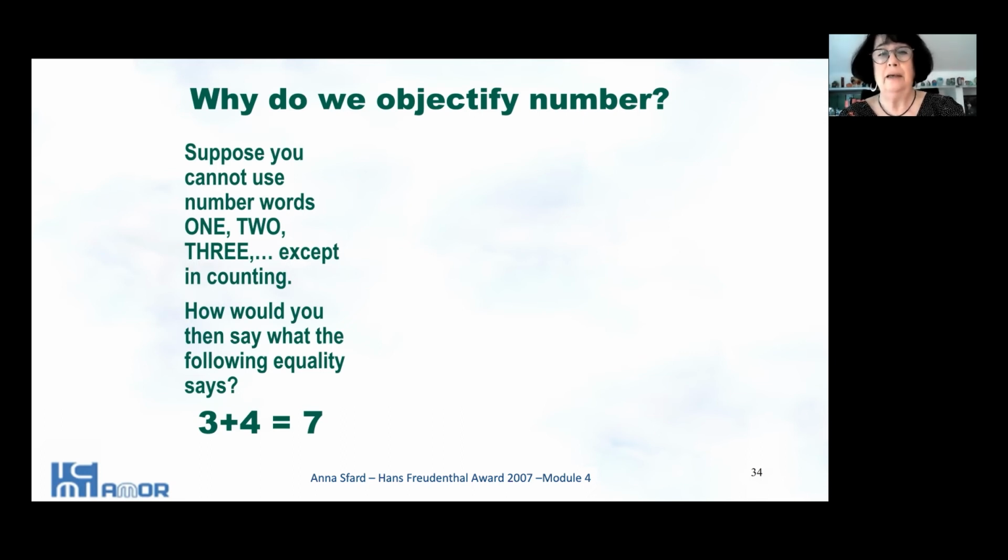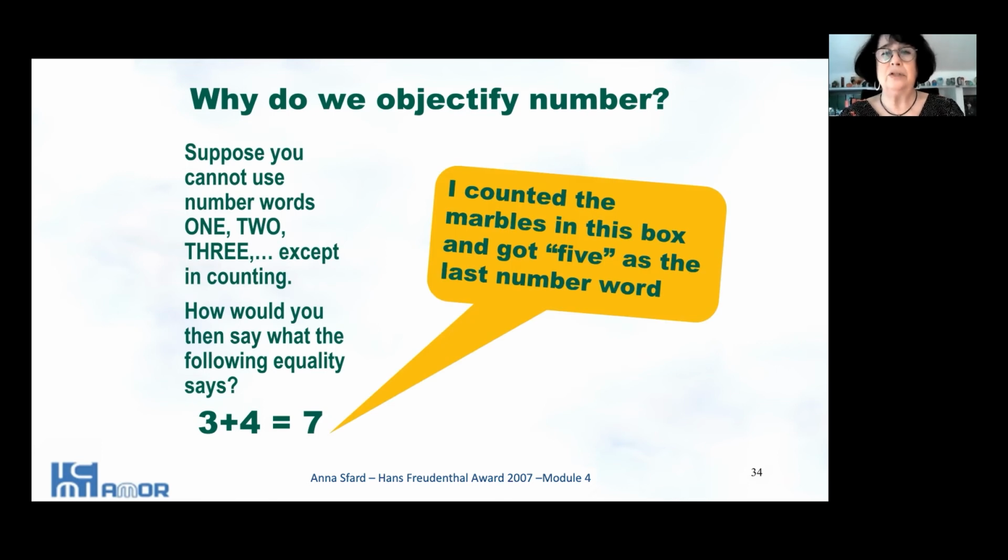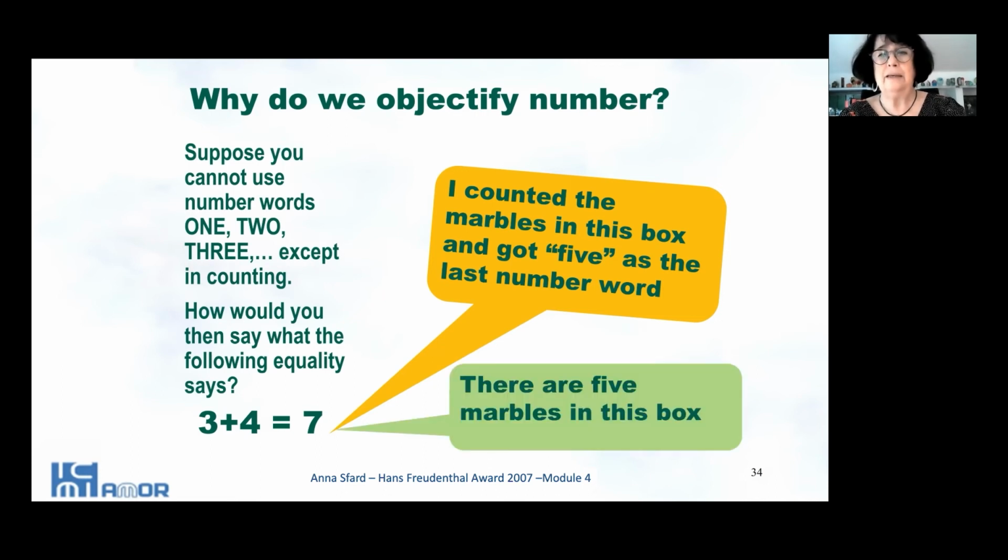Thus, you can say, I counted the marbles in this box and got 5 as the last number word. But you cannot say, there are 5 marbles in this box. I suggest that you give some thought to possible answers, and I will return to this theme in the second part of this module. You will then be able to compare your response to the one I am going to present then.